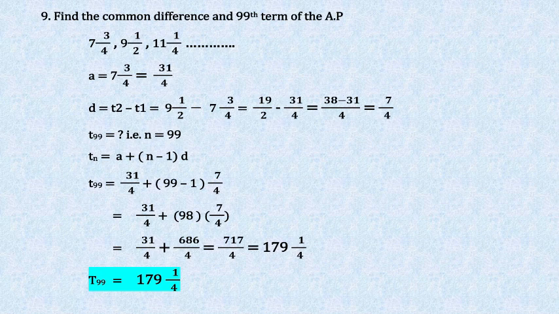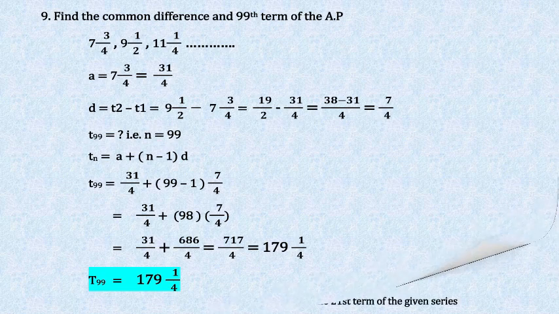That is 31 by 4 plus 686 by 4, which is equal to 717 by 4. Keep the solution in simplified form, that is T99 is equal to 179 1 by 4.